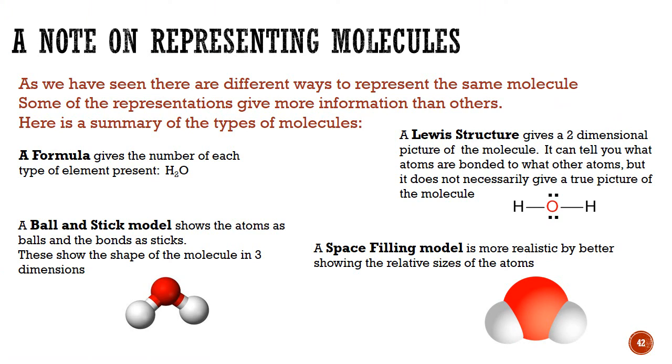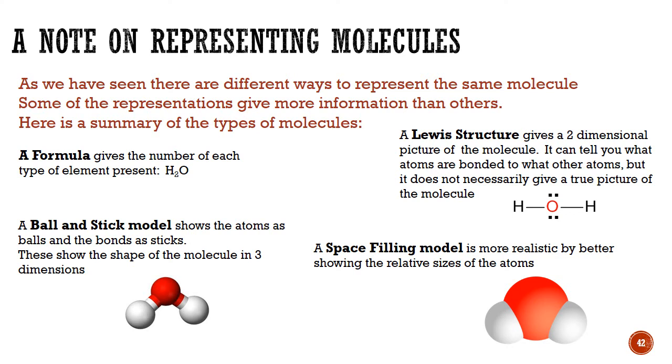Just a little note on representing molecules. There are different ways of representing the same molecule. A formula just gives the ratio, H2O. The Lewis structure gives a 2-dimensional picture, and so usually we put the unshared pairs and the bonds in there, but they don't really give any indication of the shape.